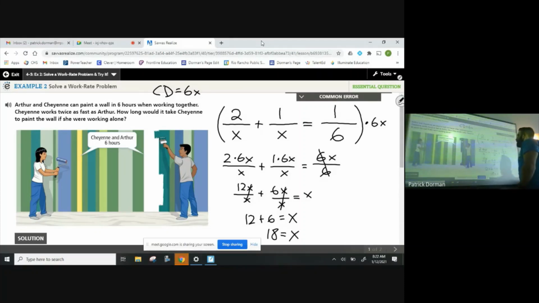So then x is 18. So it would take Cheyenne 18 hours if she was working alone. And I'll make sure to write that. 18 hours alone.